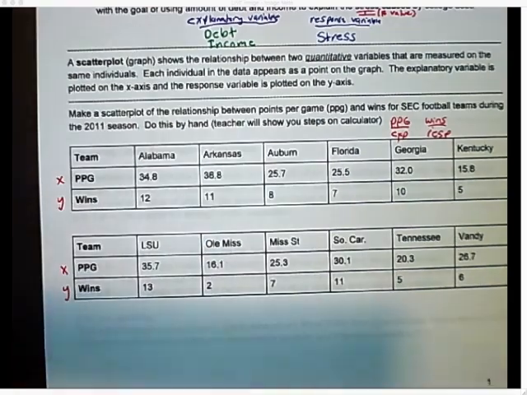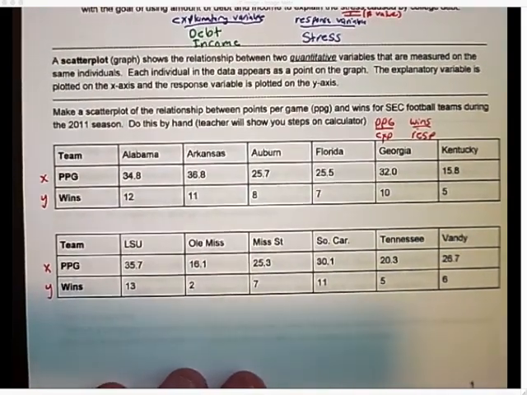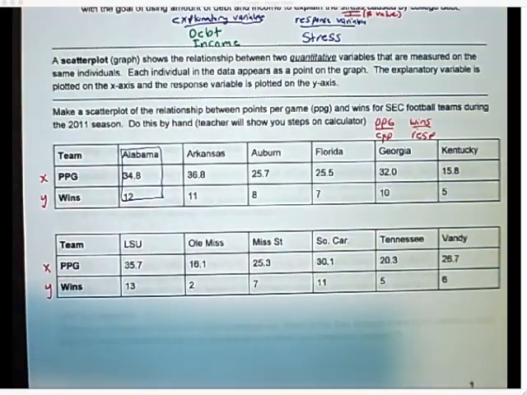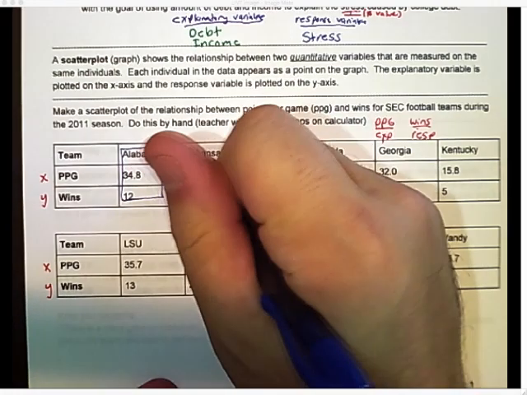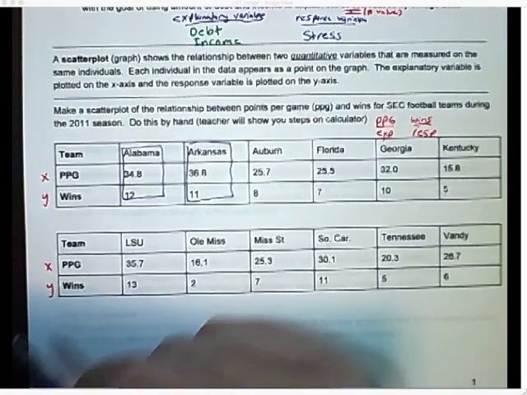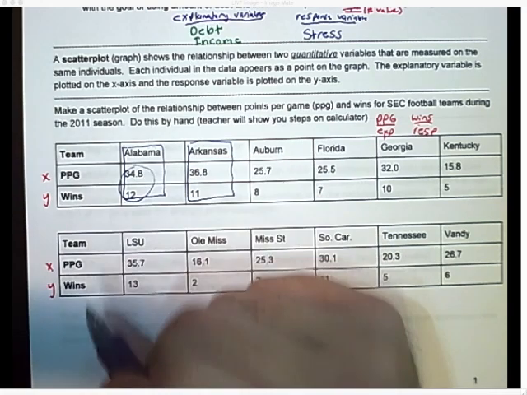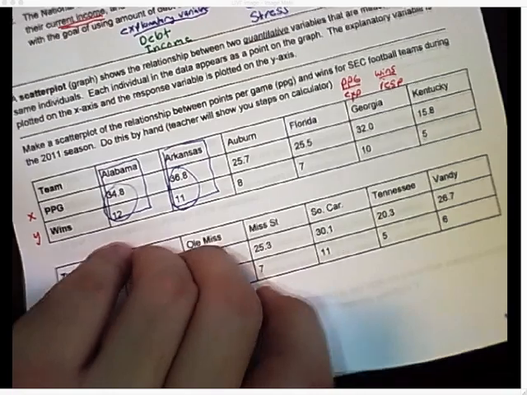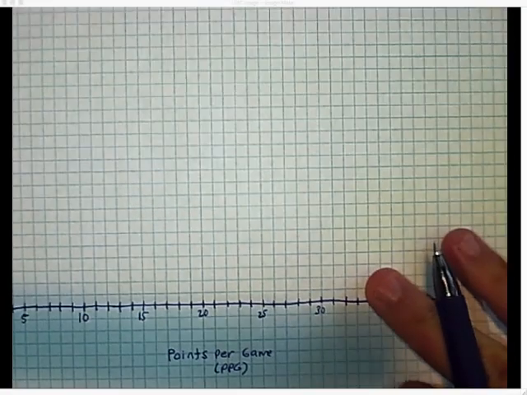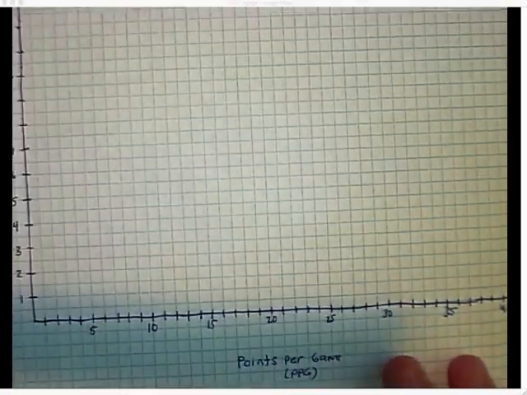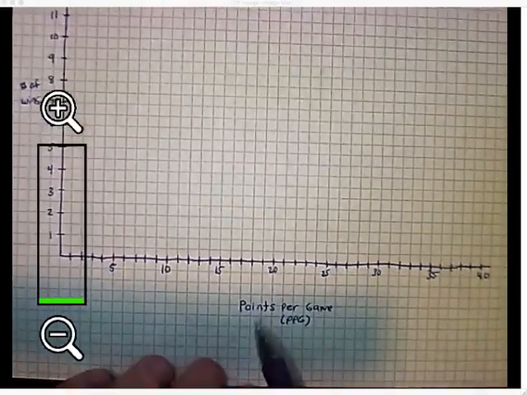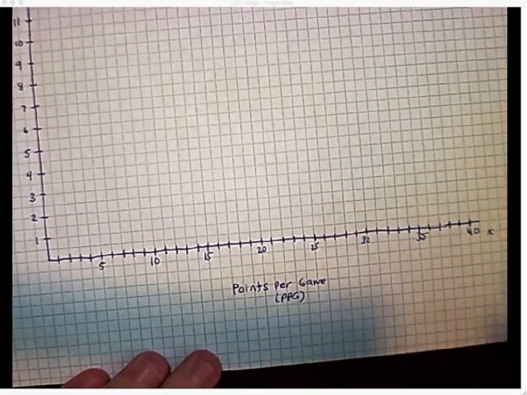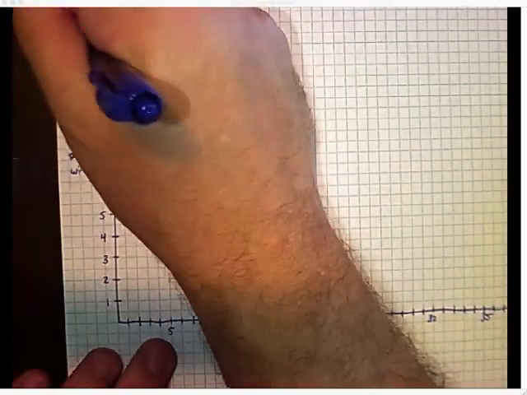Now, on a graph, this represents 1 point. The Alabama football team is one individual. The Arkansas football team is one individual. So I'm going to treat these like an ordered pair. If we're going to make a scatter plot by hand, I actually did this before we started the lesson, but I'm going to put points per game, since it's the explanatory variable, on the x-axis, and the number of wins on the y-axis.